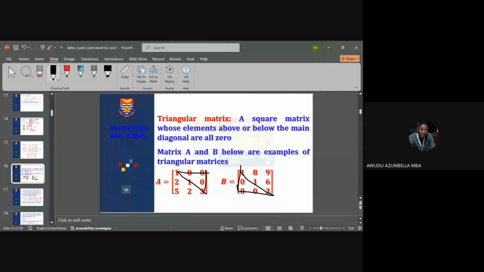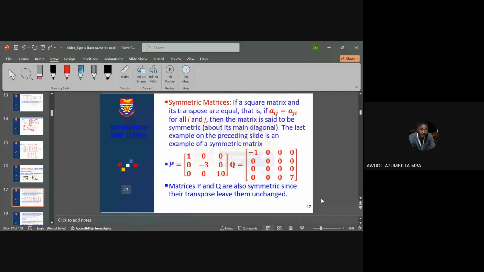Okay, so let's move on and look at symmetric matrices.